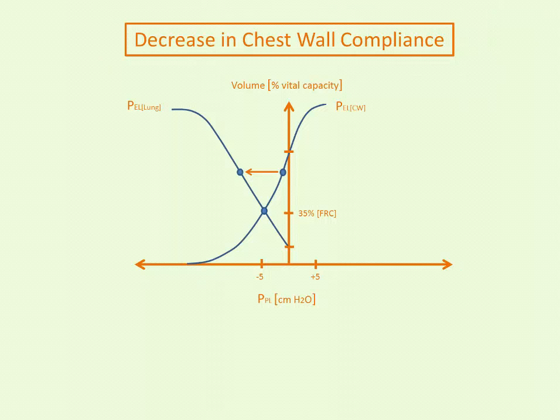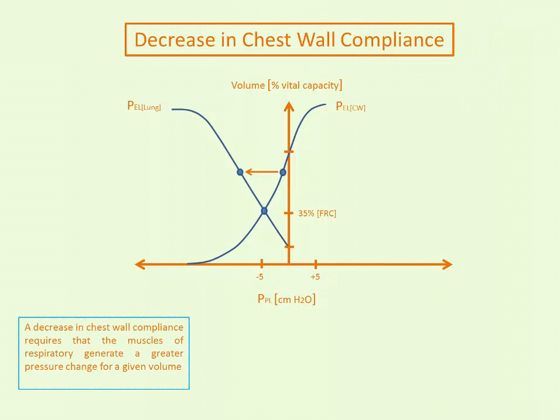But what about a decrease in the chest wall compliance? Well, it too requires that the muscles of respiration generate a greater pressure for any given volume, and that is illustrated here. So this is a decrease in the chest wall compliance: massive obesity, intra-abdominal hypertension, massive ascites.